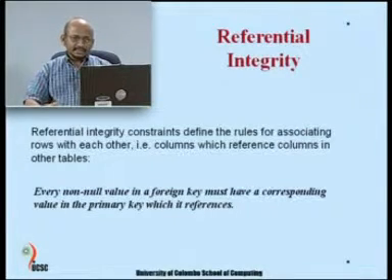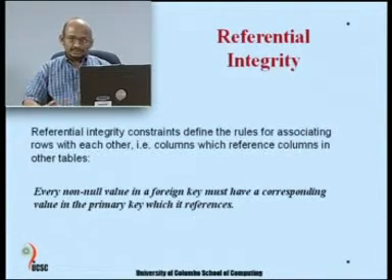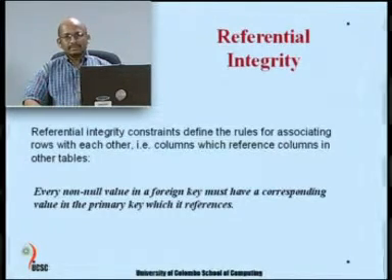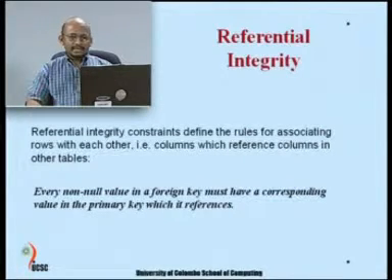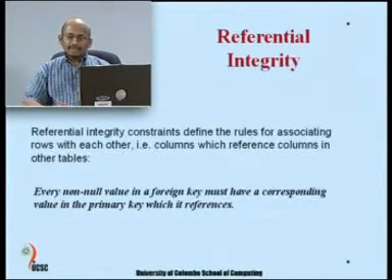So, a referential integrity constraint defines some association between different data items, typically in different tables, and how it is done is by using this special type of integrity constraint that we call a foreign key.